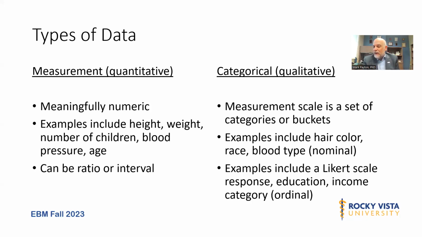Sometimes we have categorical data that is ordinal, though. And so anytime that you do a Likert scale kind of thing on a survey, that's ordinal. Those are still categories, but 1 is better than 2 and better than 3 is better than 4, or vice versa. All right.